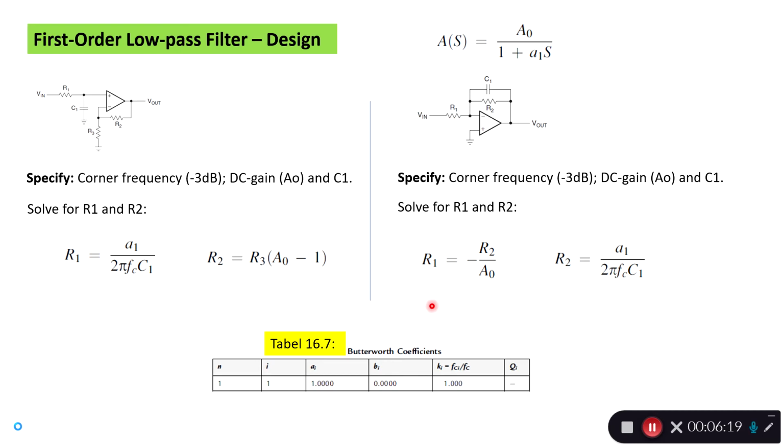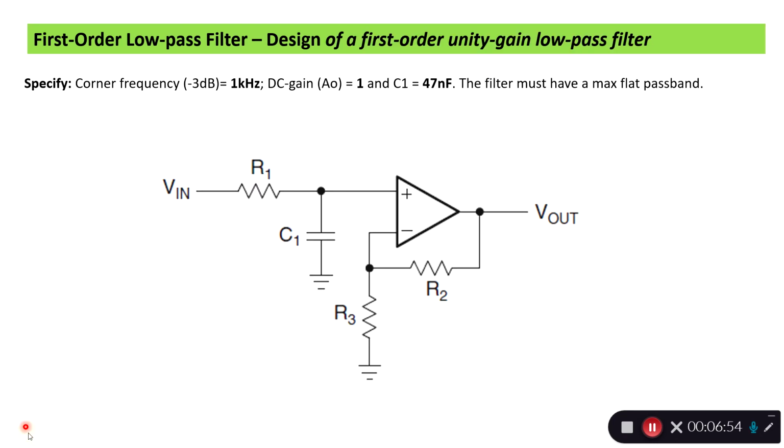So we simply have to specify the DC gain, and based on this setup, selecting the capacitor, the cutoff frequency, and having the coefficient from the Butterworth filter coefficients, we can just write a 1 here, and then 2π times the cutoff frequency. We find R2, and then from that, knowing A0, we can calculate R1. So this is the very basic. Let's see it in an example.